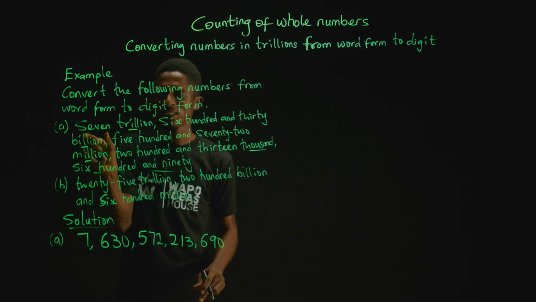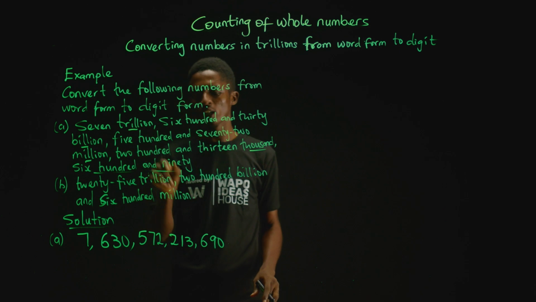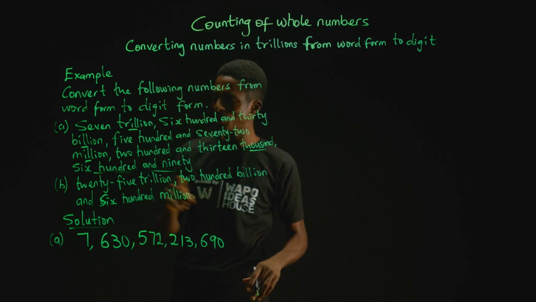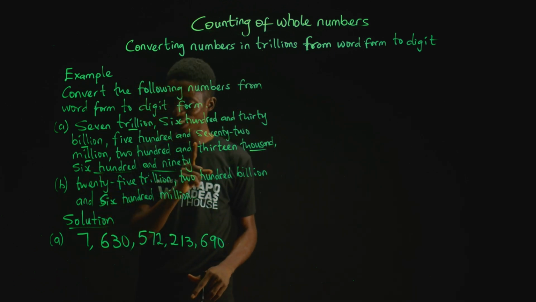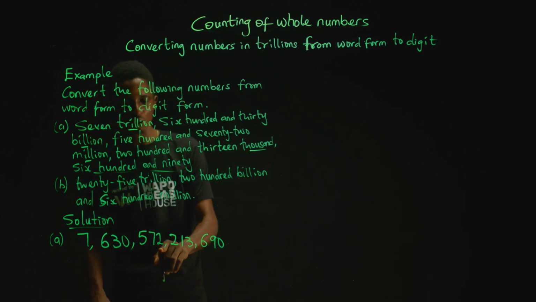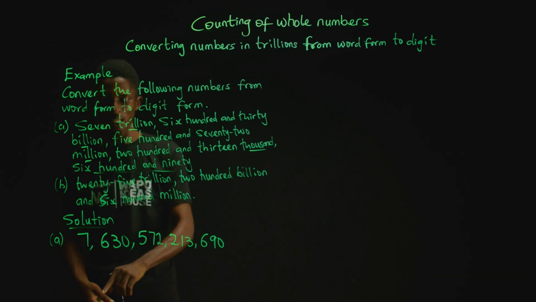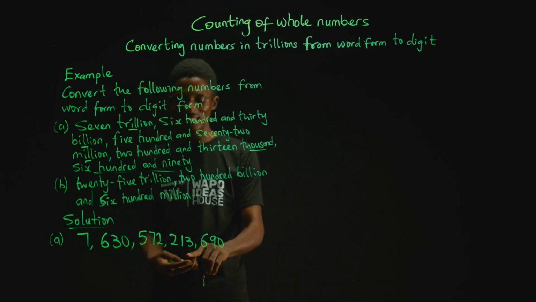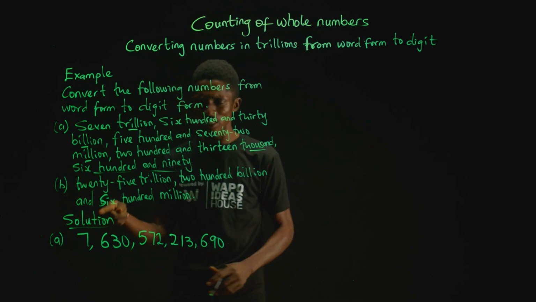By picking the number, and then after the first, you begin to group in threes, from 7 trillion to 630 billion, 572 million, 213,690, giving us the digit form as 7,630,572,213,690. Now that you get it, let's do the second together.